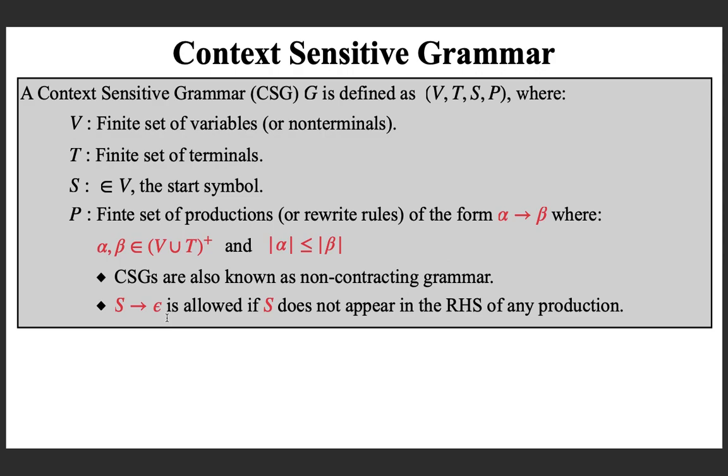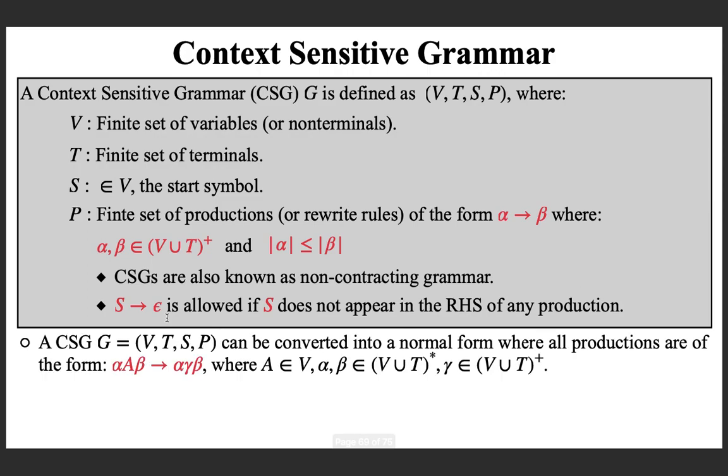Now it remains for us to check why the name is context sensitive. A context sensitive grammar can be converted into a normal form. Normal form means a form to which every context sensitive grammar can be converted. In that, all productions are of the form alpha A beta going to alpha gamma beta.